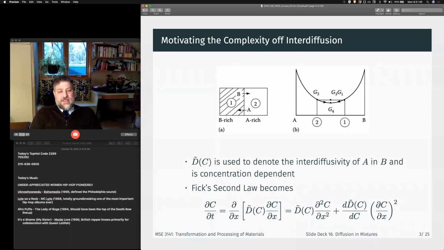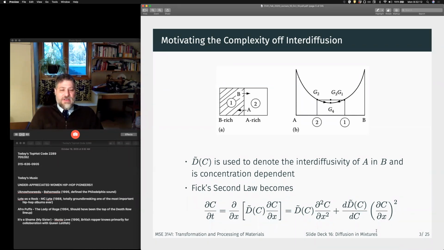But this means that our change in concentration with time is a nonlinear second order differential equation. And there are no analytical solutions to this, right?